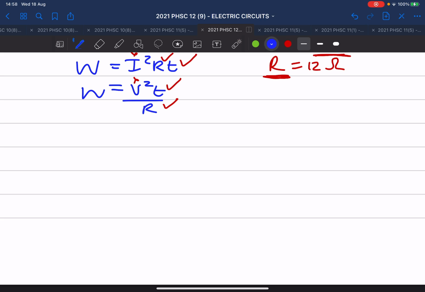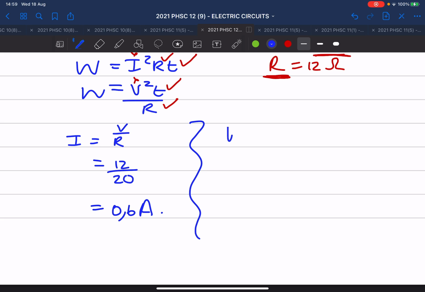So if we say we're going to calculate the current, it will be volts over resistance. The volts is 12 and the resistance together is 20 because they're in series in that branch. So you get 6 divided by 10 is 0.6. Okay, then we can go use that second formula. The current is 0.6 squared.